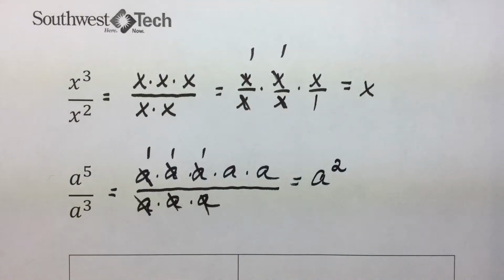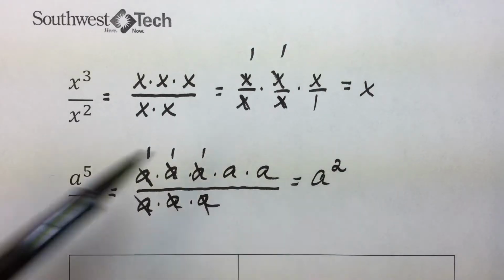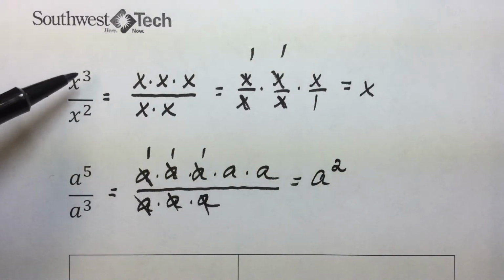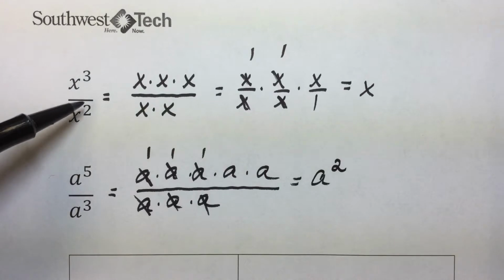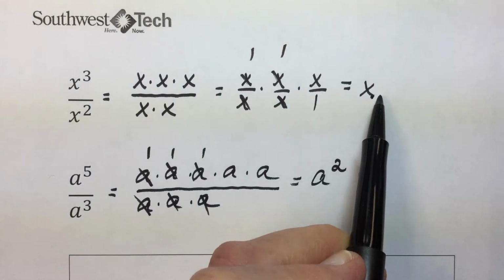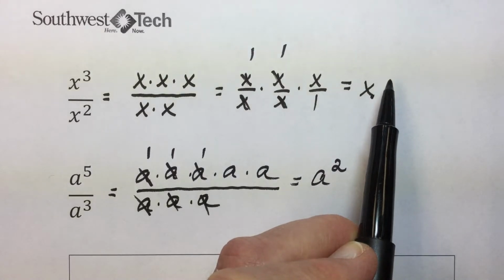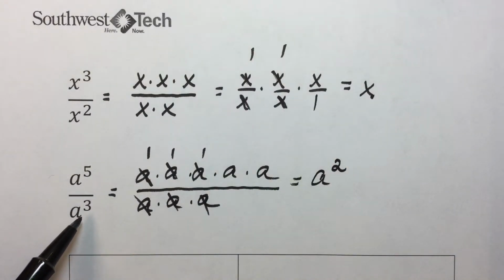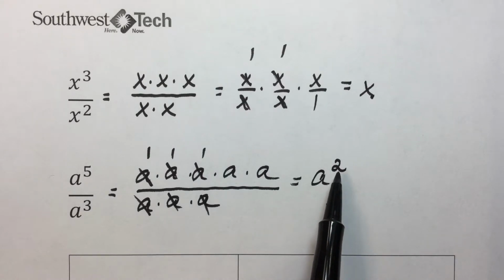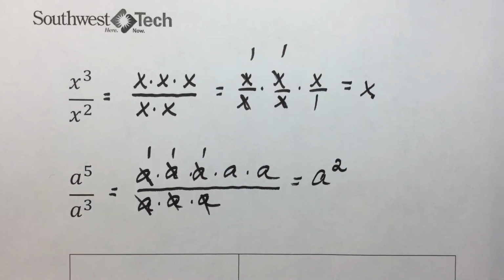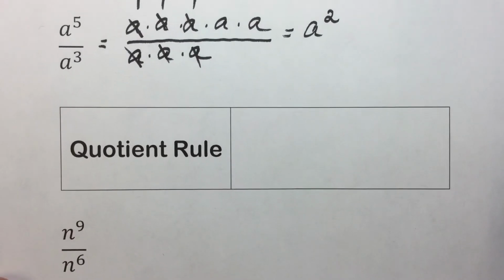If you note our result from what we had, subtracting the exponents, 3 minus 2 leaves us with x to the implied first exponent. 5 minus 3 in this second example results in a squared, which leads us to the quotient rule.